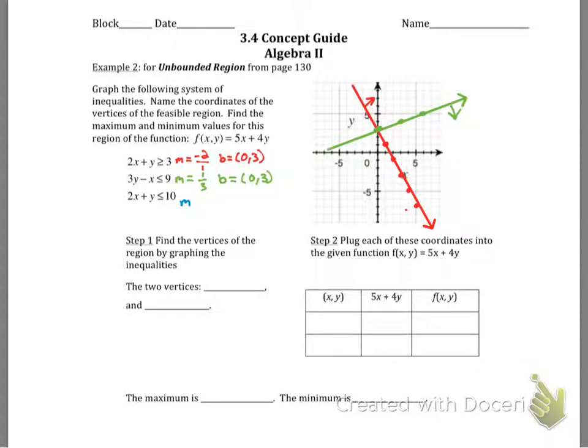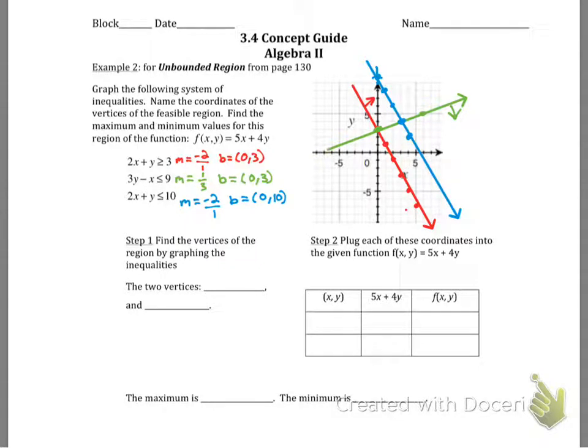Next, the third line, negative a over b would be negative 2 over 1. B would be 0, 10. So that's going to be off the graph. I'm going to add that in there. So from there, I'll be down 2, right 1, down 2, right 1, down 2, right 1, down 2, right 1.